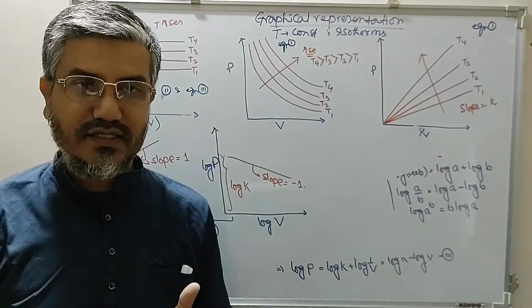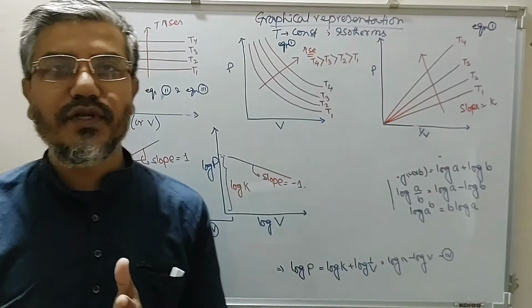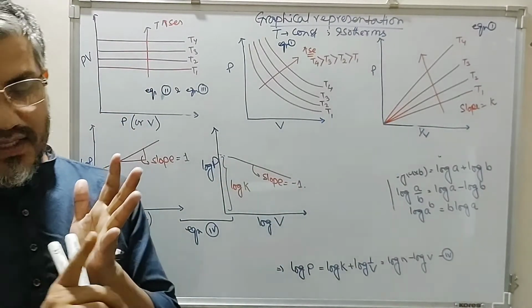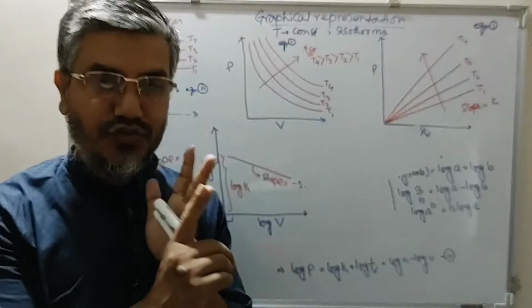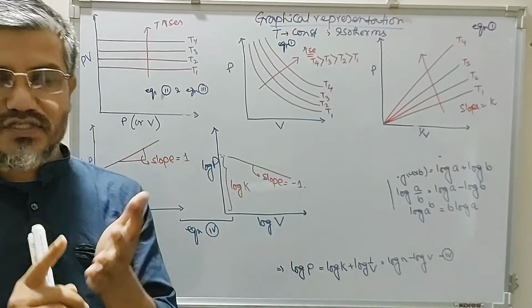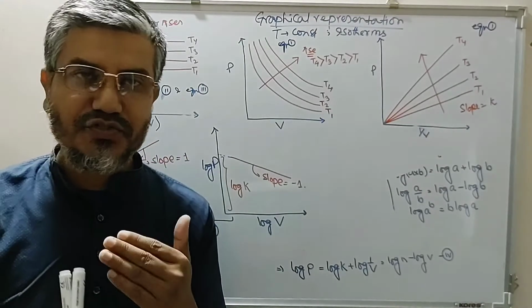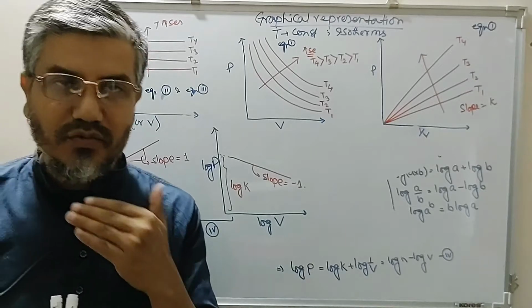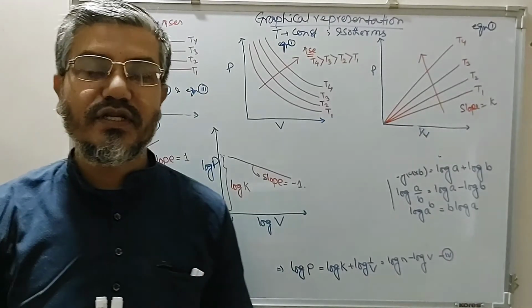So the answer is, as I told you, for Boyle's law to be applicable, both temperature and the amount of gas should remain constant. In this example, inflation of the balloon, both pressure and volume increase simultaneously even if the temperature remains constant.